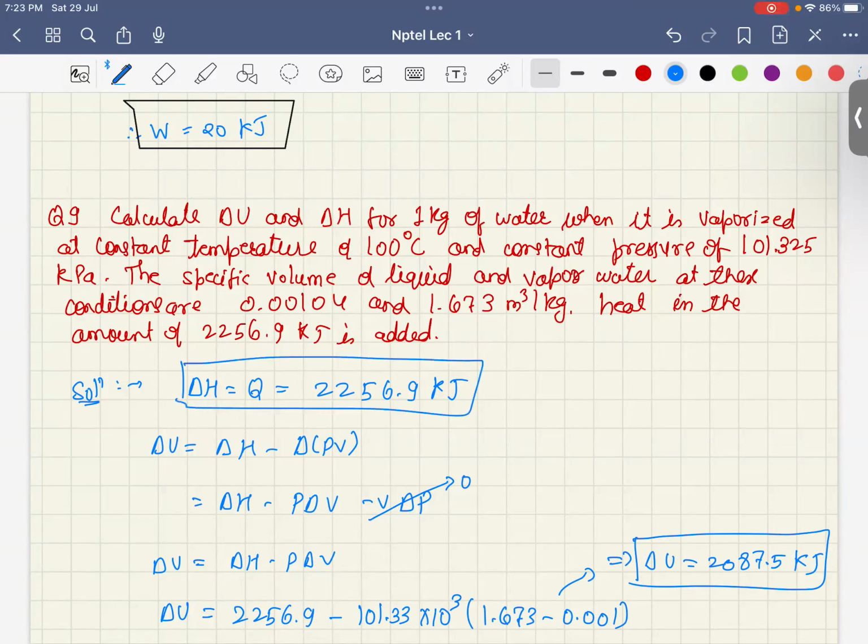I hope that both the question and answer are clear to everyone. I'll give you a couple of minutes to solve this, to understand this, and if anybody has any doubt, they can ask.